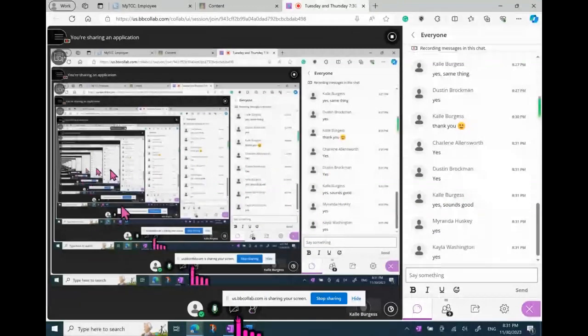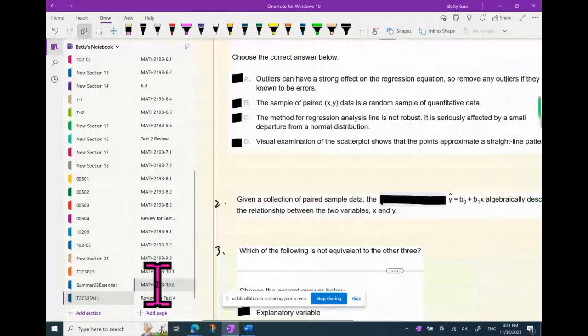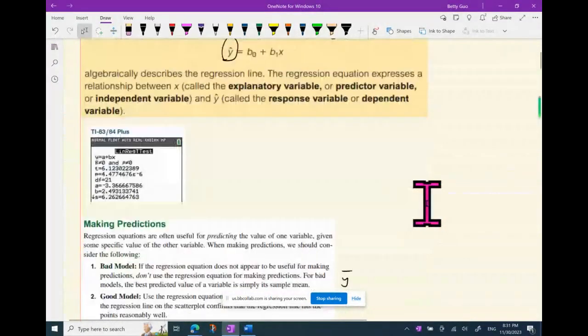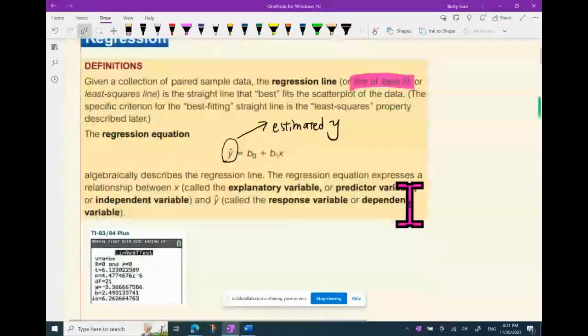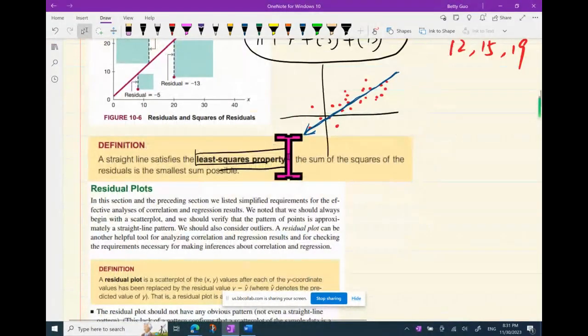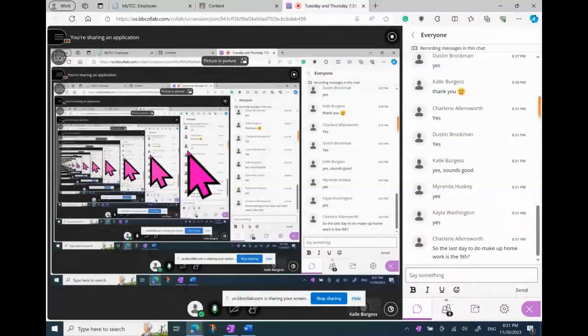Okay, your practice time. I want you to practice. I have 12, 15, and 19. Let me show you one at a time. So Charlie asks, the last day to do makeup homework is December 9th?